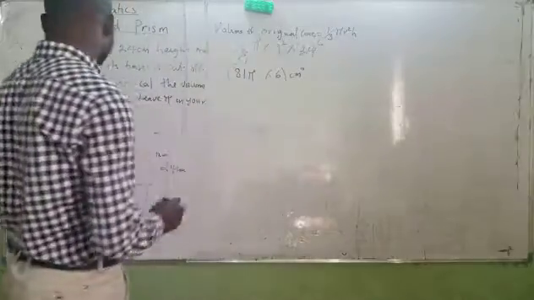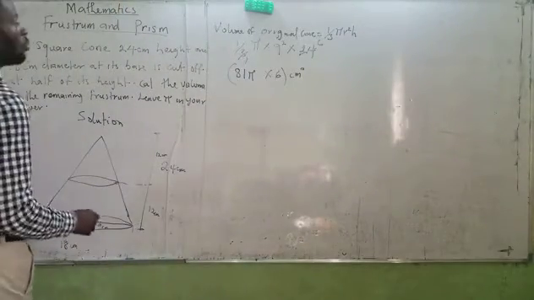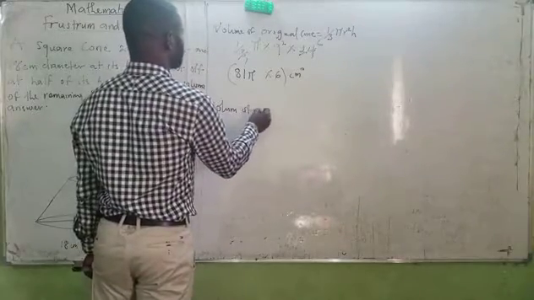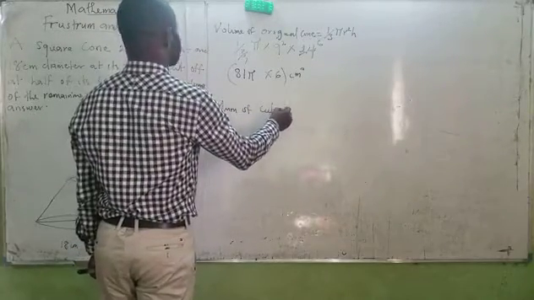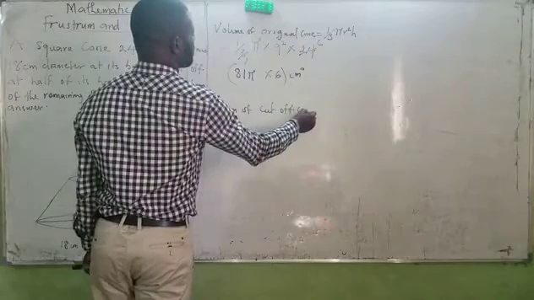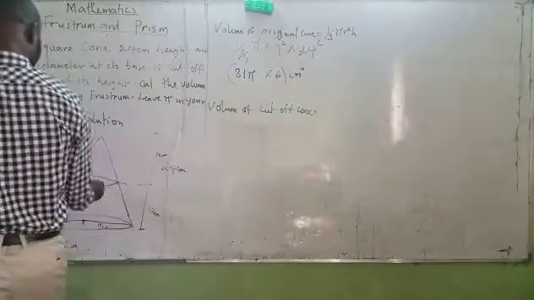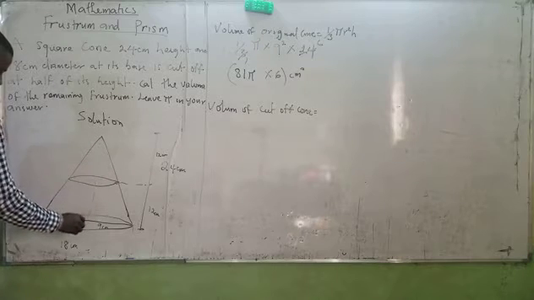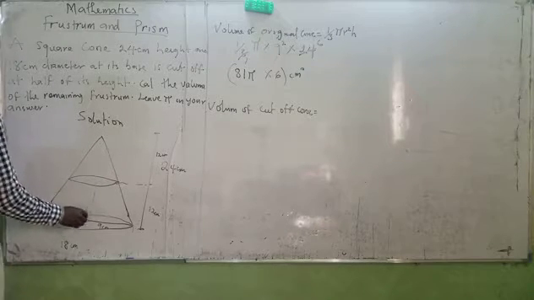Now, I will move on to the volume of the cutoff cone. I'm talking about this volume now. This is the height.